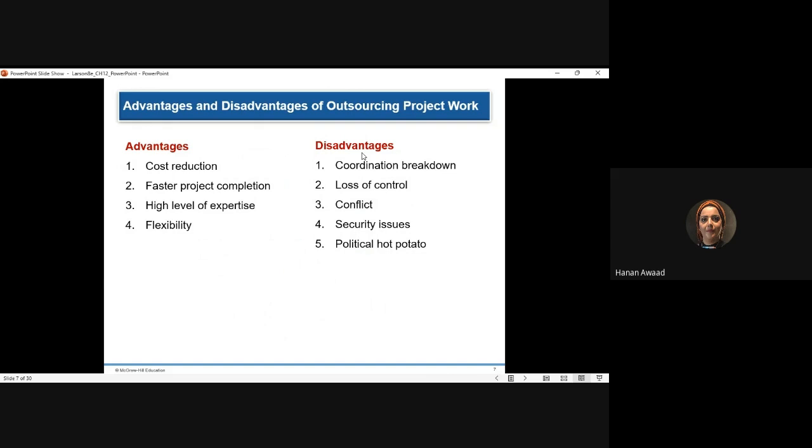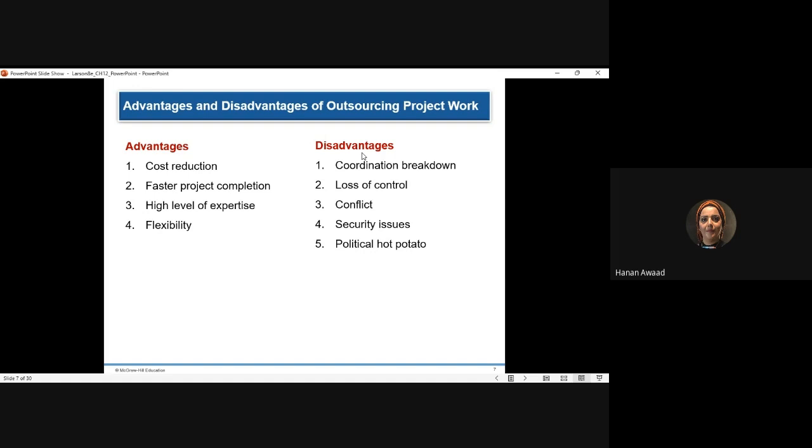Of course, because they have the expertise and the knowledge and the skills, they can help you complete the project faster or on time. Again, high level of expertise. Again, flexibility, because you will negotiate what they will do. You will coordinate, but you are not doing the work yourself.